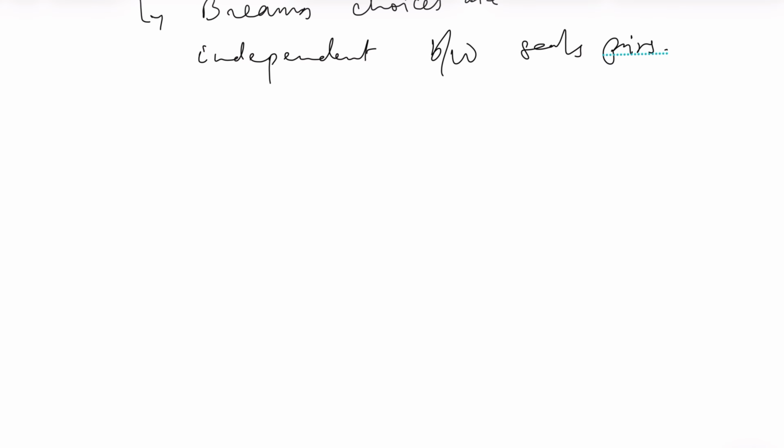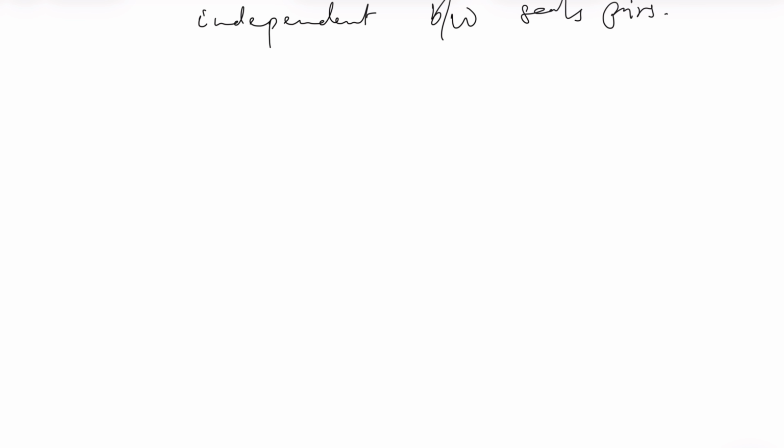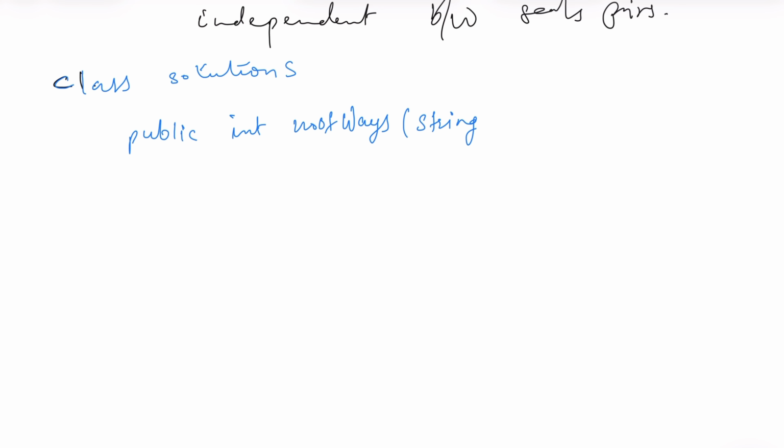So let's try to understand how to implement it. I'll show you the code, but first let's understand how you would write the code, because you should practice on the code, like on white pages. Think that you are given a class called Solution, and we have a method, public int numberOfWays, and in the argument we take the string called corridor.